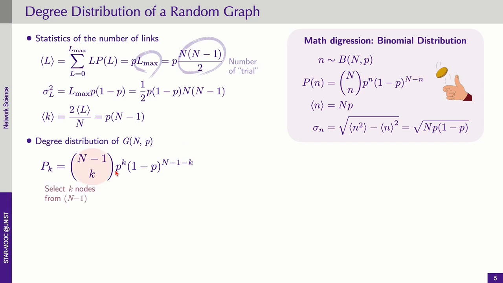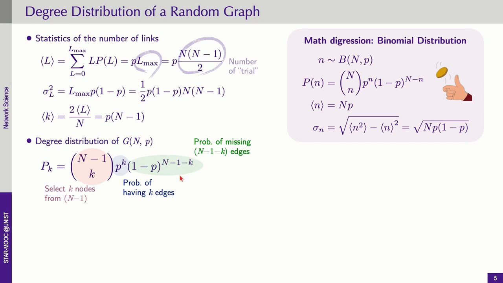Here, the prefactor is the number of possible ways of choosing k vertices out of n minus 1. p to the power of k and (1 minus p) to the power of (n minus 1 minus k) respectively count the k successful linking events and the n minus 1 minus k failed linking events.